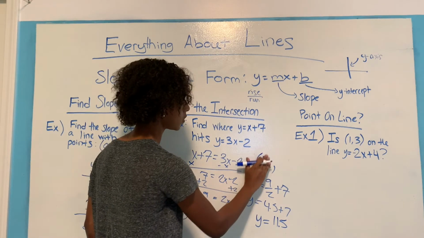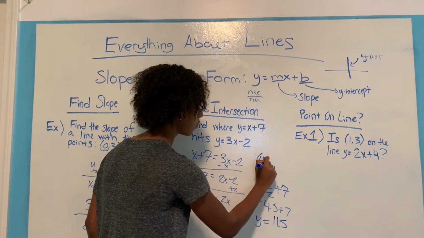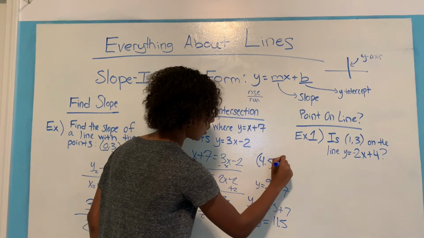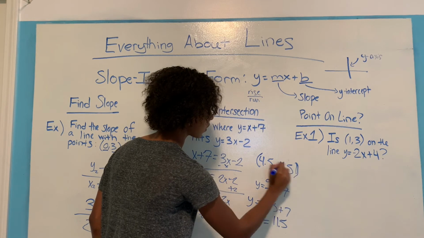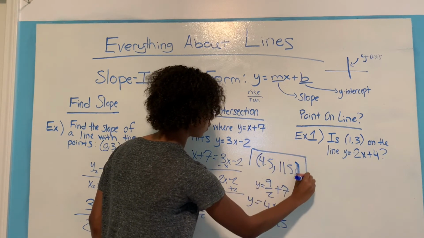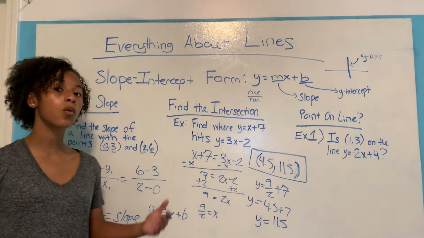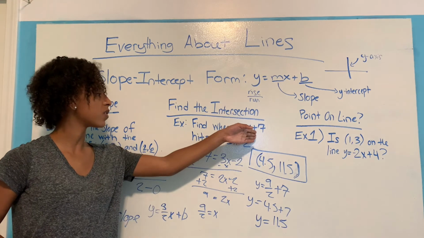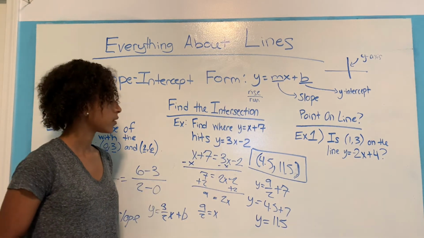Let me change this and make it all decimals just so it's a little easier: the point is (4.5, 11.5). So that is how you solve for the ordered pair of where these lines hit each other. And that's how you do it.